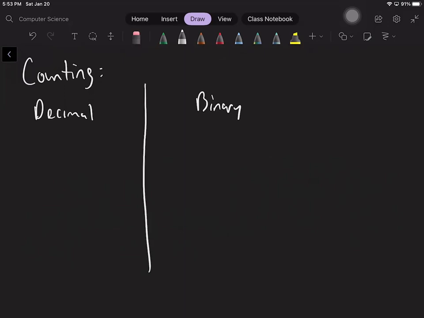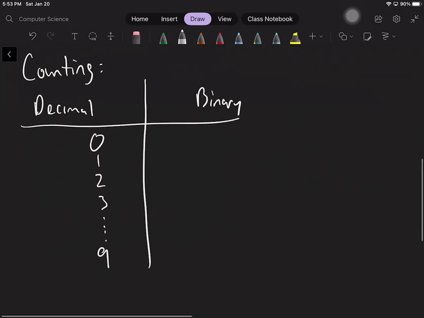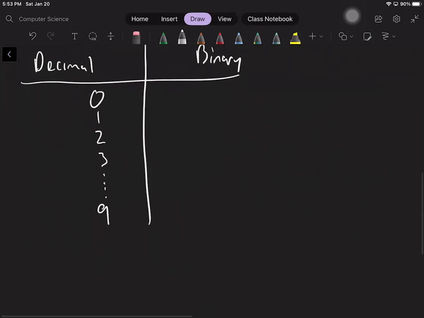So the idea is when you count, when you get to the last symbol, so 9 is the last symbol, everything resets. The next number after 9 is 10, but we should really think about it as a 0 being reset on the first digit, and then the next digit goes up by 1, whereas it was 0, now it goes up to 1.